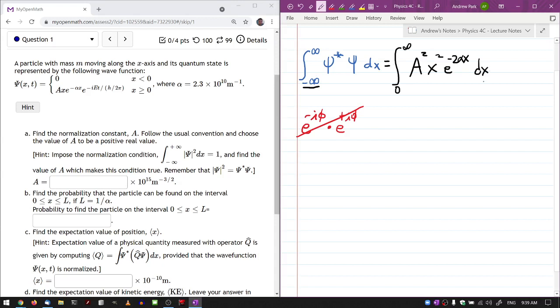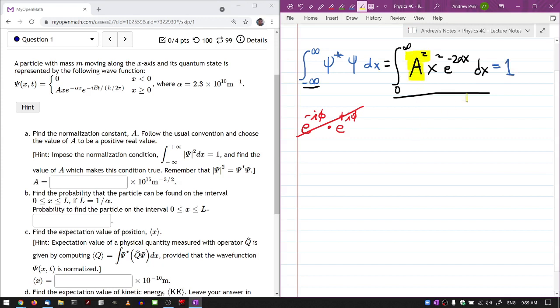Times dx. So that's the integral I have to evaluate. Once I evaluate the integral, I set it equal to 1, and by setting it equal to 1, I find what my a is.